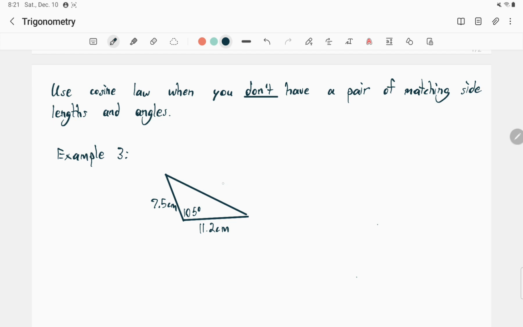And they could be asking for anything. They could be asking for these angles on the outside. But they could also be asking for this side length right here. Let's say they're asking for B up here.